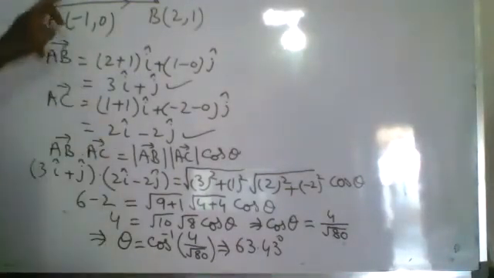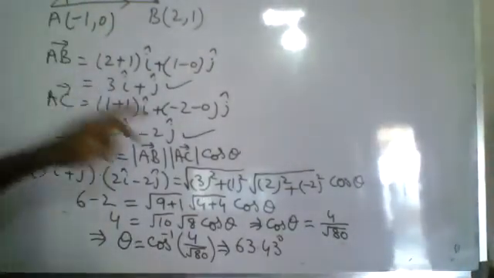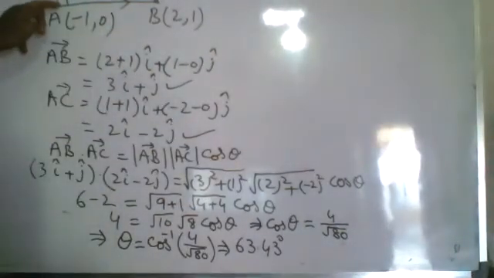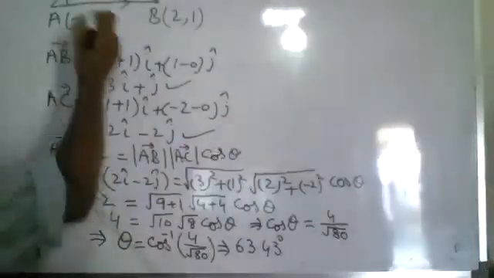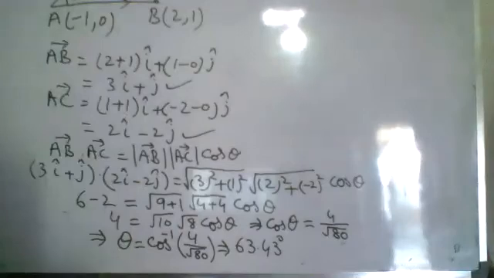This is the angle here, angle A. That was theta, the angle A. So angle A will become 63.43 degree.